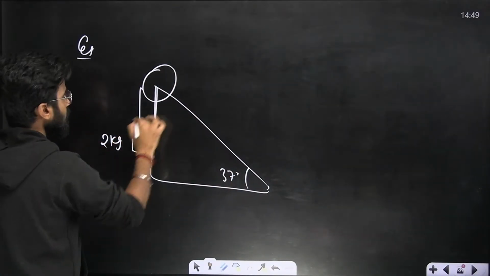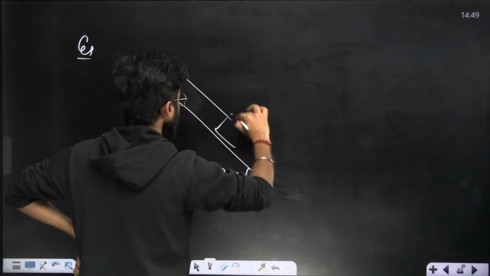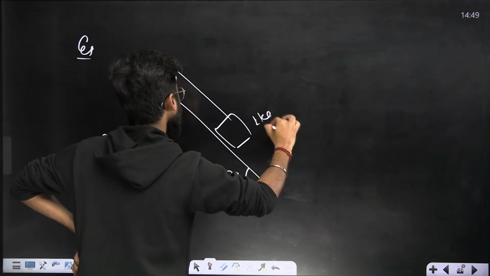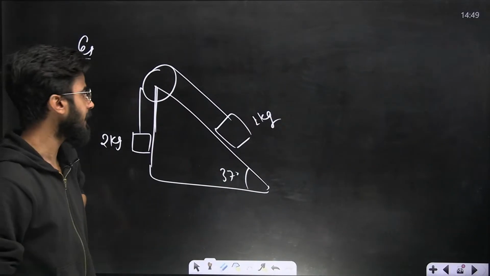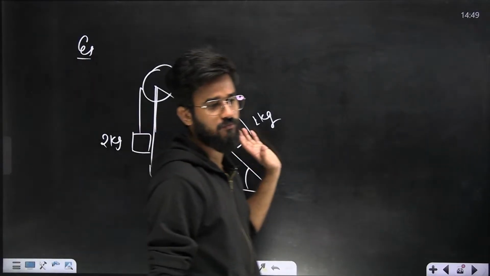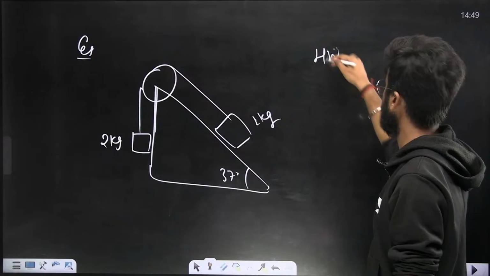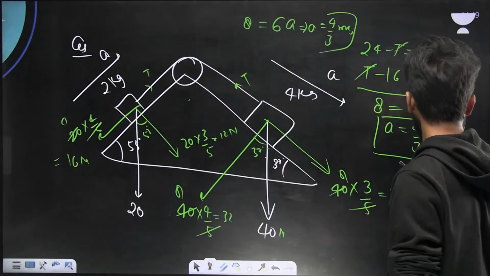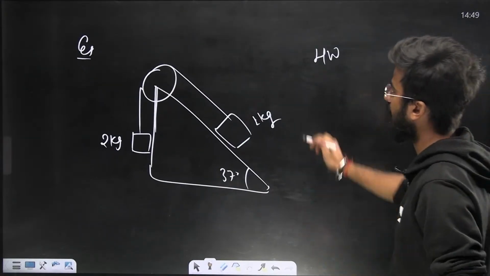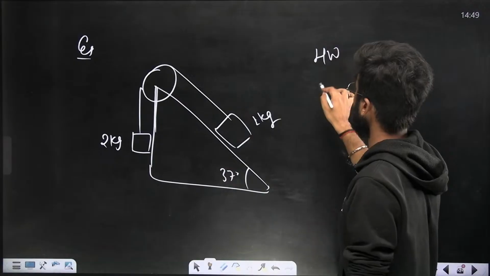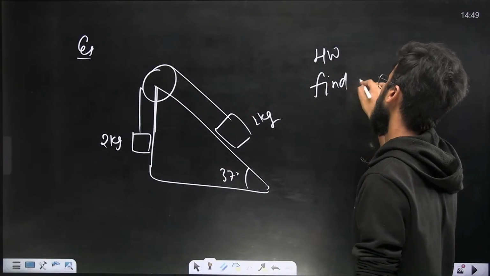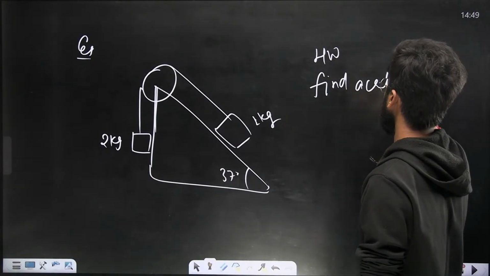Suppose that this block is of 1 kg. This is your homework. It is a similar problem to this one. You have to solve this problem and find the acceleration of this block.